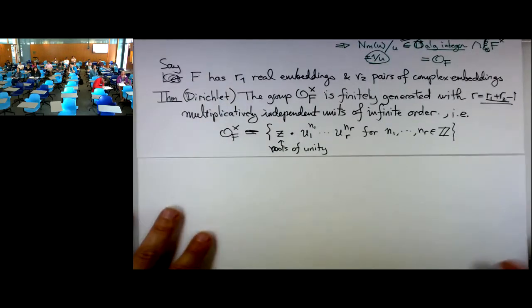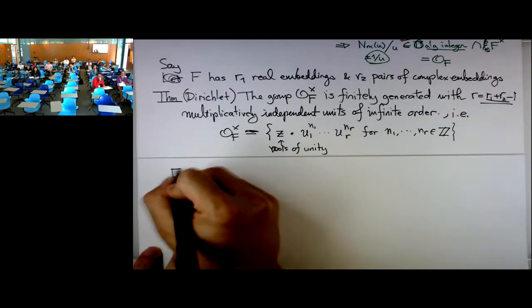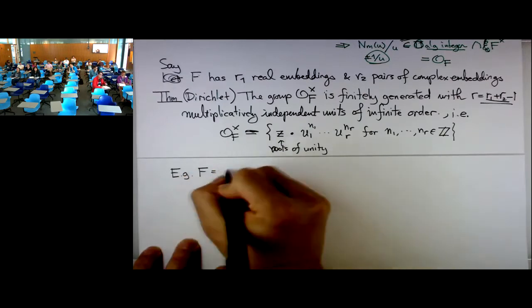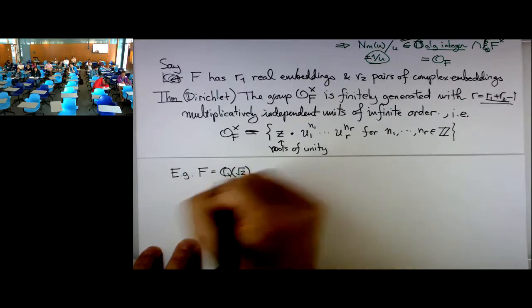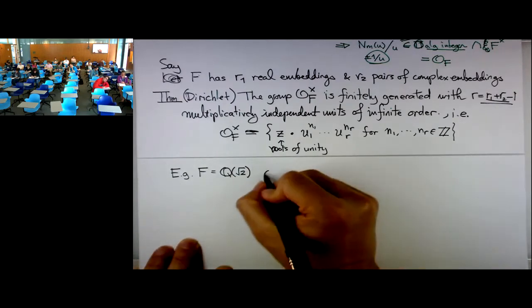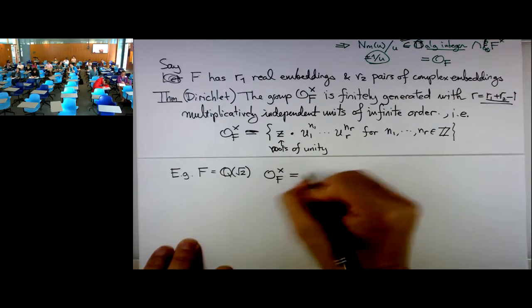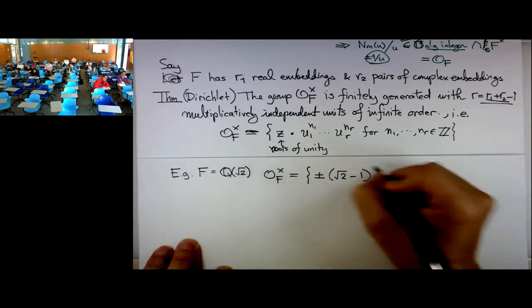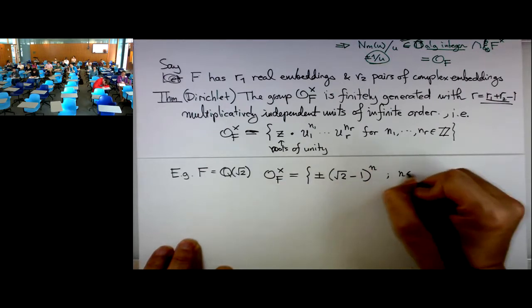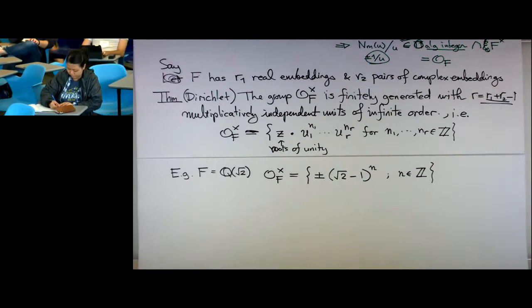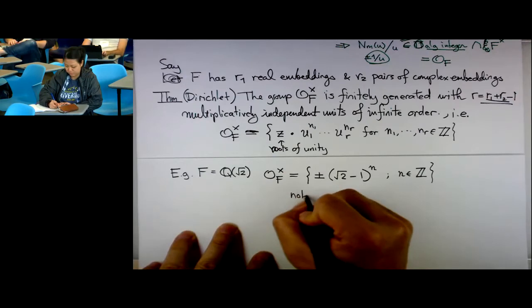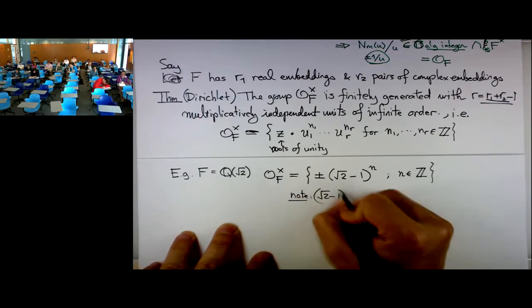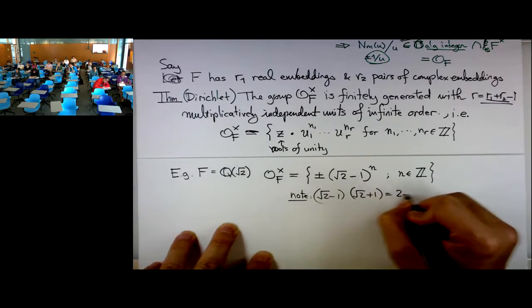Let's give some examples to start. For example, F equals Q adjoin root of 2. In this case, O_F cross is equal to plus or minus root of 2 minus 1 to the n, for n in the integers. If you think about it, root of 2 minus 1 times root of 2 plus 1 is 2 minus 1 equals 1.